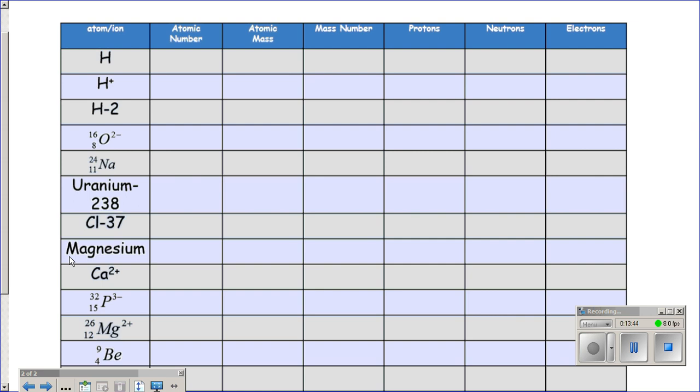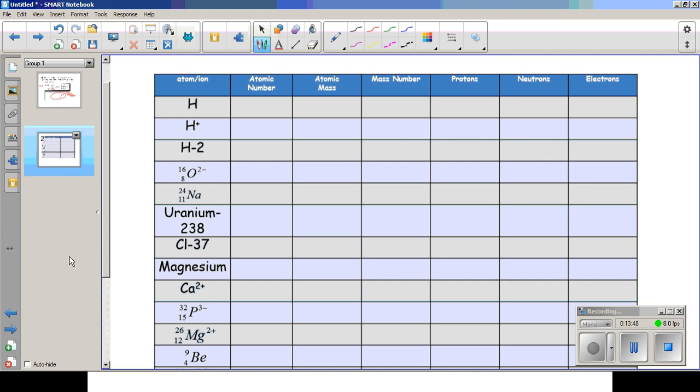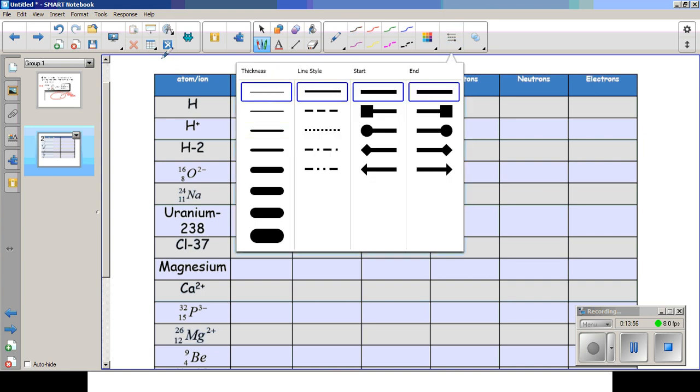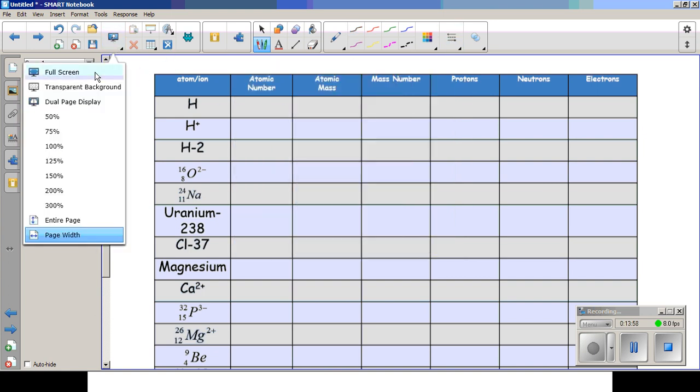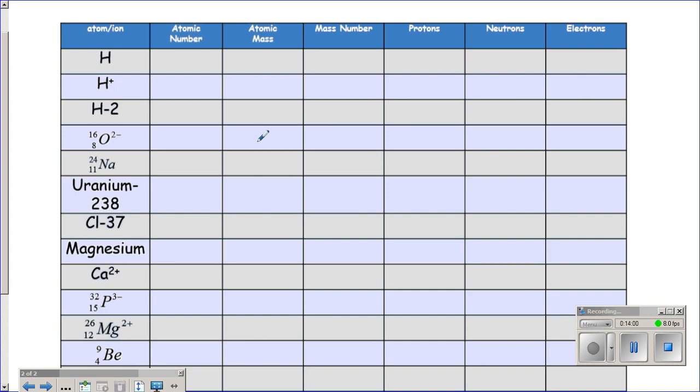So on this chart here with hydrogen, we're not given any information about the hydrogen in this chart, but we can see from our periodic table that we can get the atomic number of hydrogen. It's atomic number 1. It's a whole number, right?